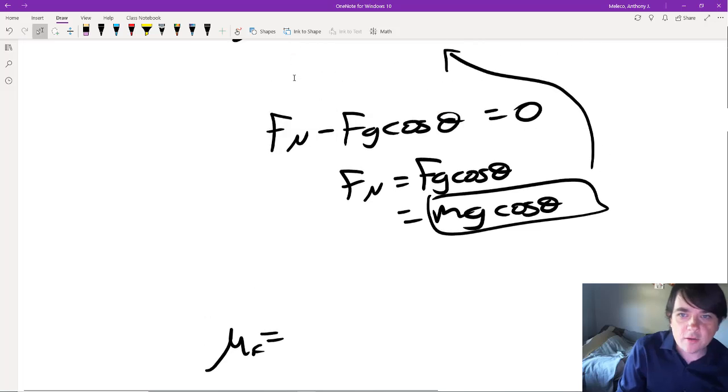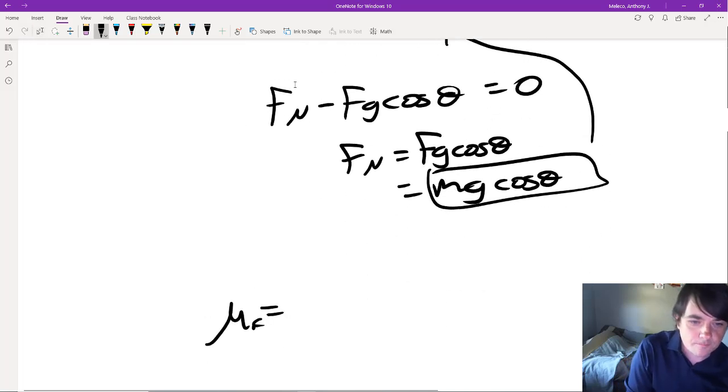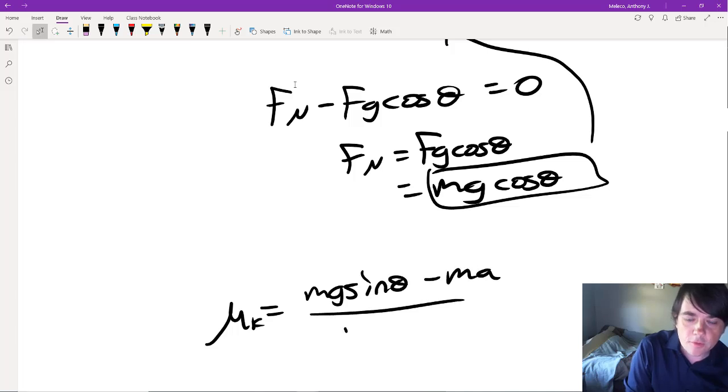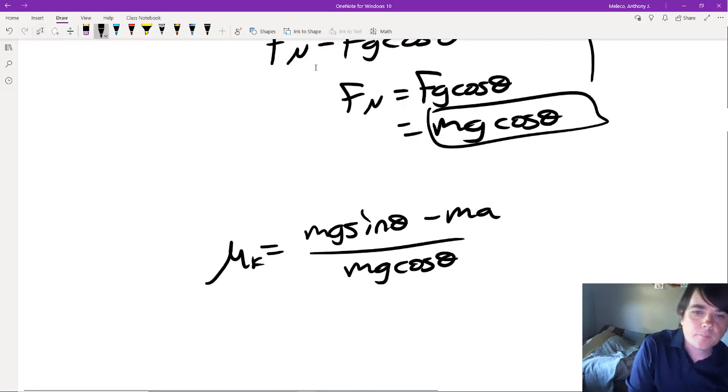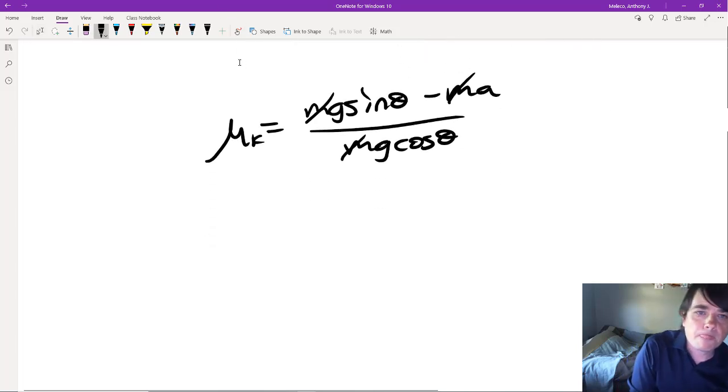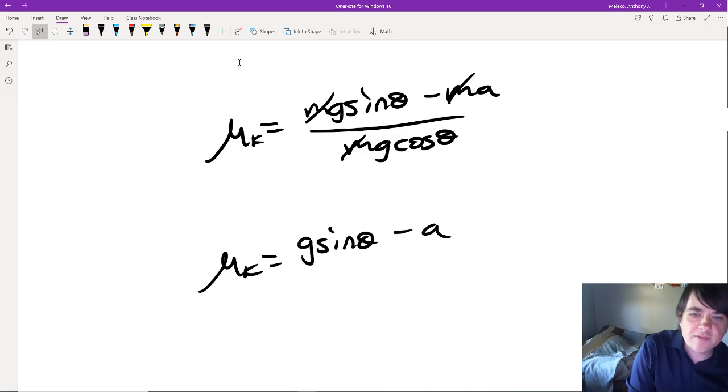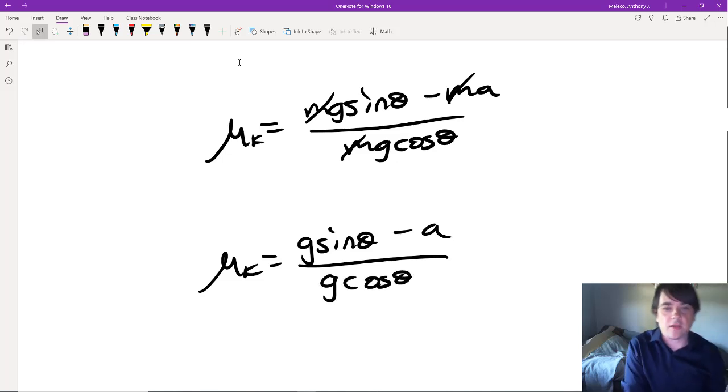So mu k ultimately equals mg sine theta minus ma over mg cosine theta. We can cancel mass. Mu k equals g sine theta minus a over g cosine theta.